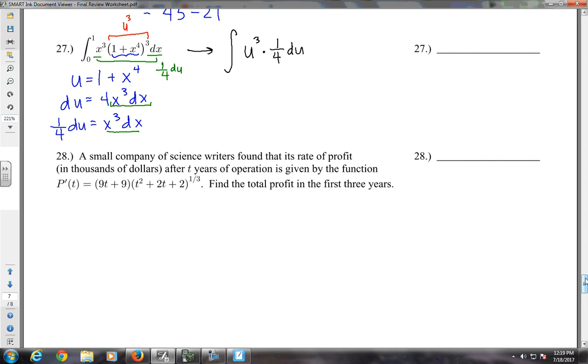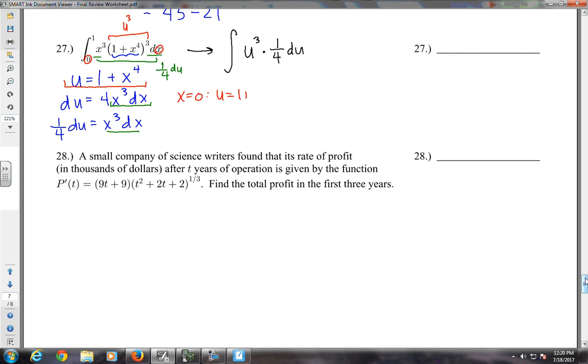All right, now we have gone from variable x to variable u. We've made this significant change. My original limits are x values, okay? So what I need to do is update these to be u values. When x is equal to 0, remember the relationship between u and x is given right here.